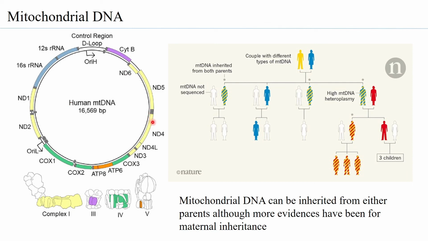And these ribosomes are of the 70S type. We all know that eukaryotes have ribosomes of the 80S, but mitochondria has ribosomes of 70S, which is again similar to bacteria, because bacteria also have the 70S type ribosomes.